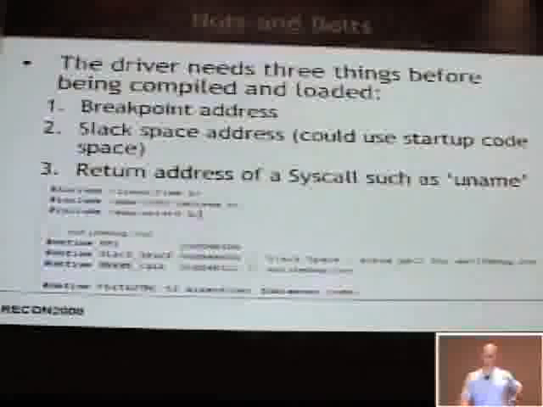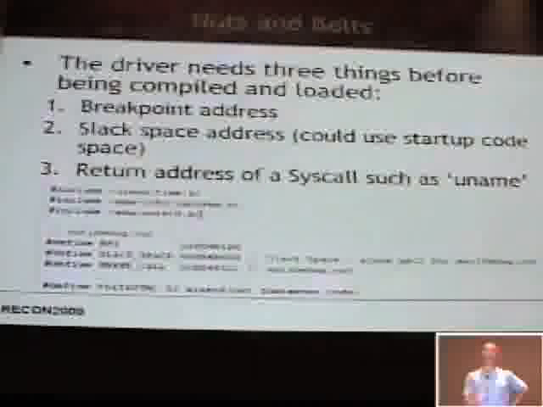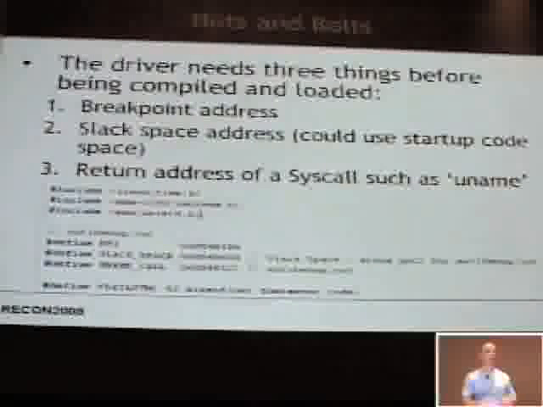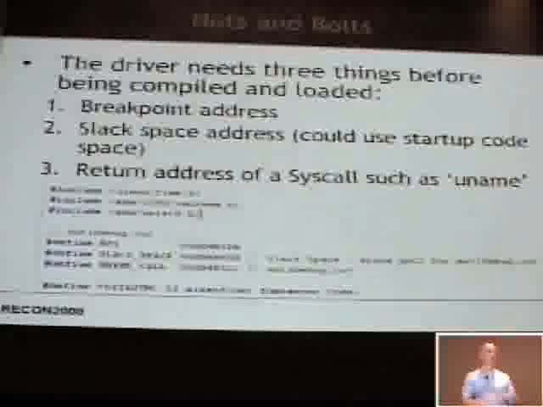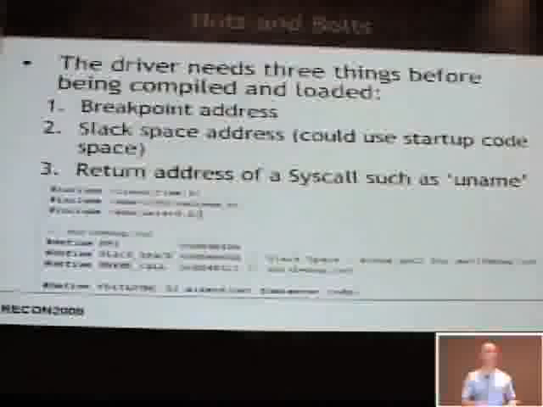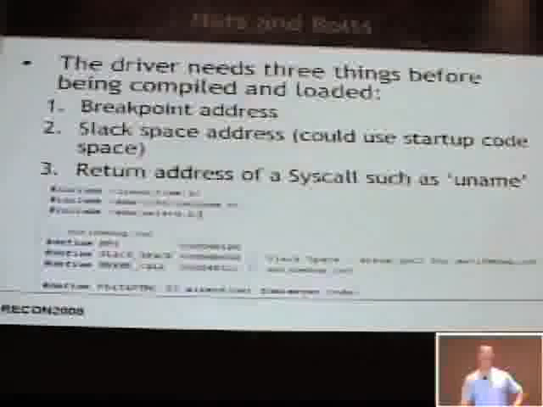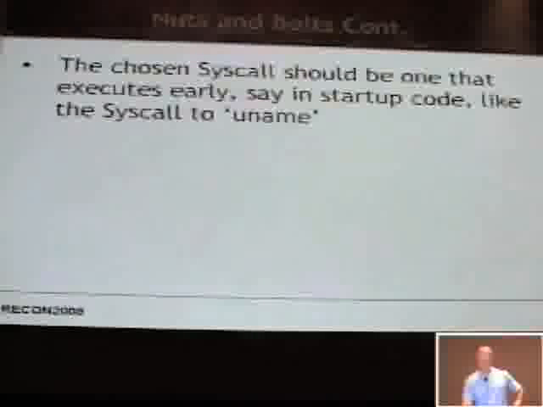Okay? And so where I find one that I'm of interest, that happens very early, maybe like in startup code. If you disassemble a Linux compiled program, you're going to see that there's always some sort of bootloader code or startup code for C init and that type of stuff that happens early in the game. So you can use that guy. Okay, like I said, you can use the uname.